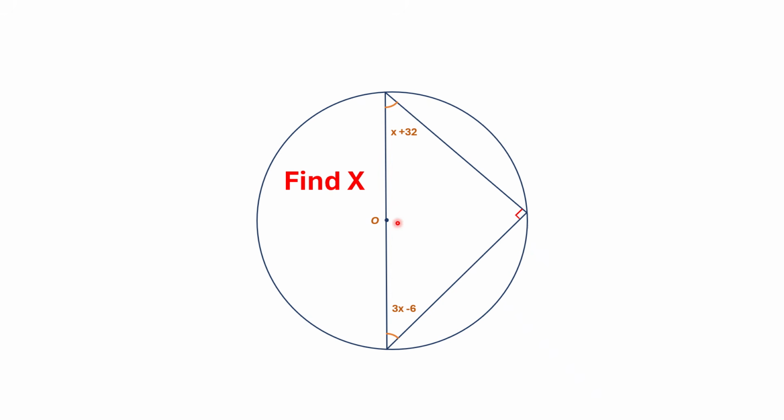That means this plus this should also be 90, as x plus 32 plus 3x minus 6 makes 90. x plus 3x is 4x. 32 minus 6 is 26. 4x plus 26 equals 90. That means 4x equals 90 minus 26, which is 64. And to find x, divide by 4. So x is 16. How easy.